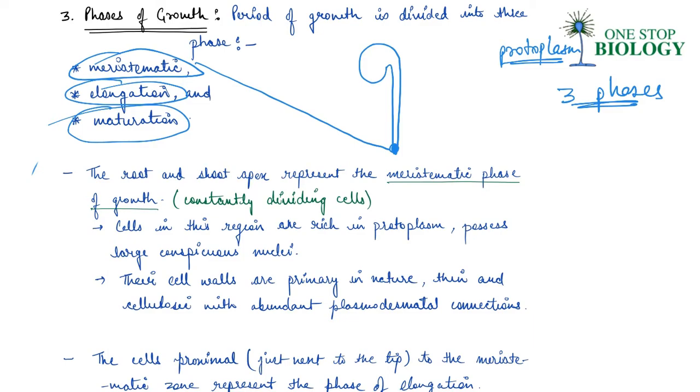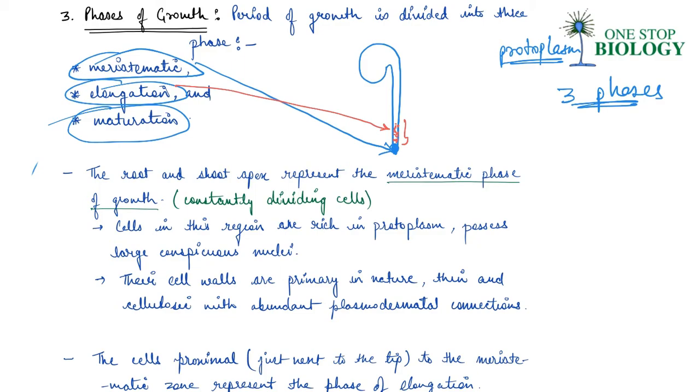Now the cells just away from the tip, say the cells of this region, just above the tip, which are known as proximal to the meristematic zone, represent the phase of elongation. Here there is an increase in vacuoles, cell enlargement, and new cell wall deposition is happening.